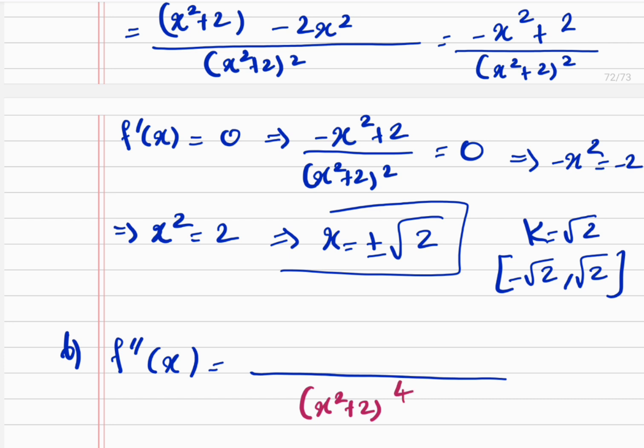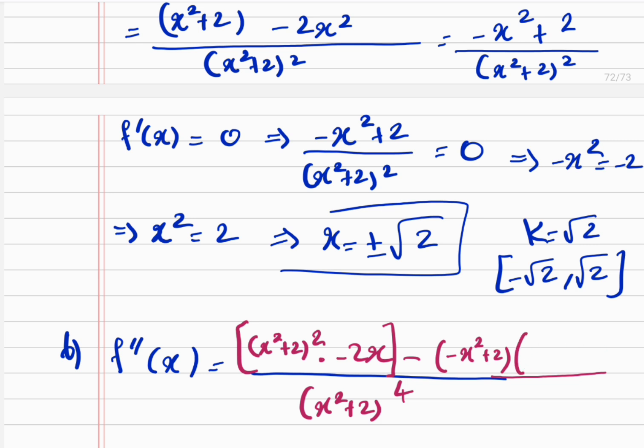So for the numerator, again, we write down the denominator function first, which is x squared plus 2 squared, and the derivative of numerator function is just minus 2x, then the entire thing minus, so minus, this time we write down the numerator function first, and this times the derivative of the denominator function.